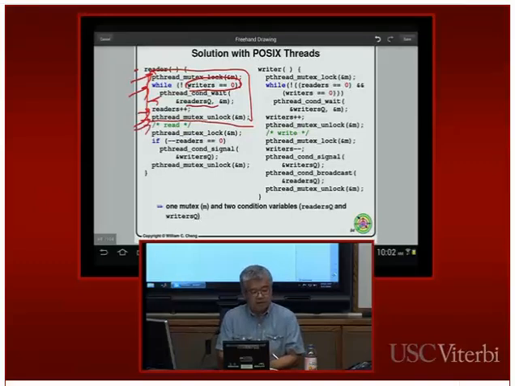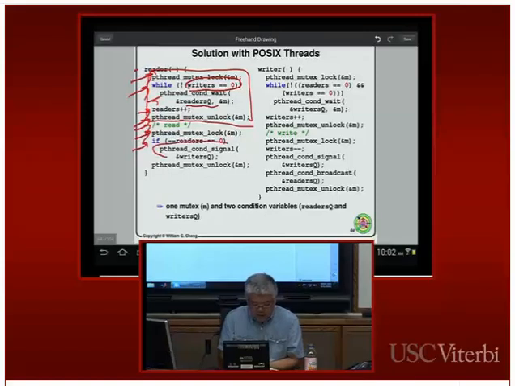Now you can go ahead and read. When you're finished reading, you lock the mutex, you decrement the readers, and you check if the readers is equal to 0. If it's equal to 0, then you signal the condition.